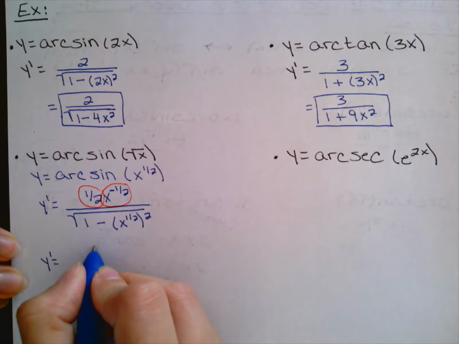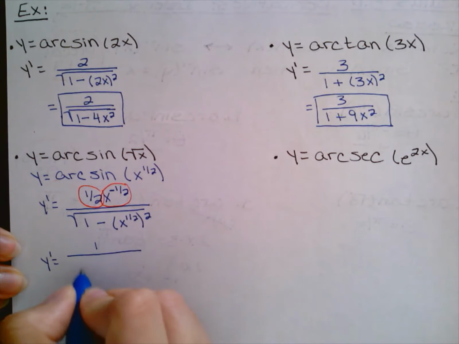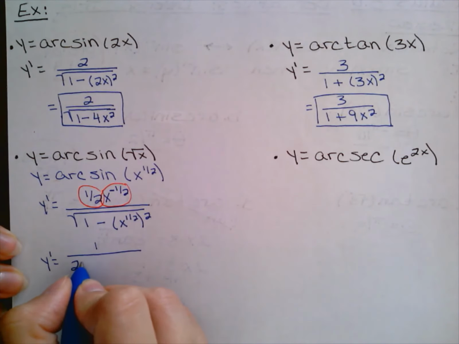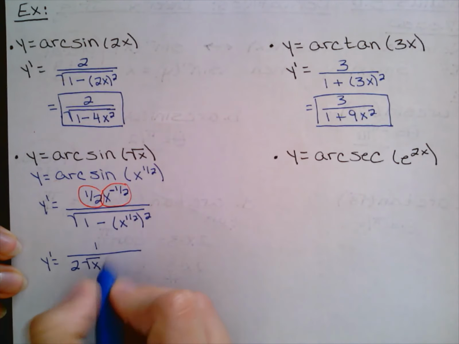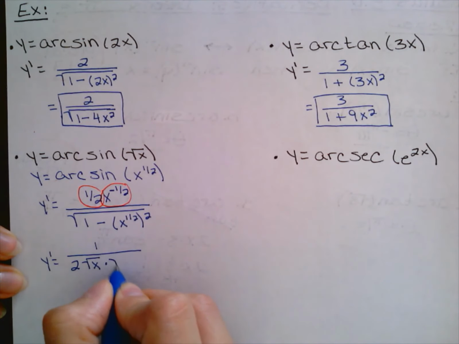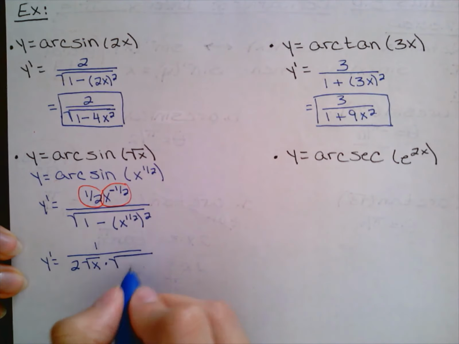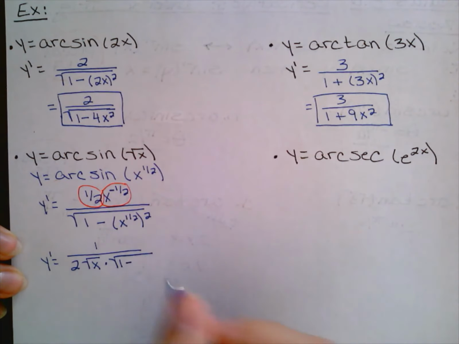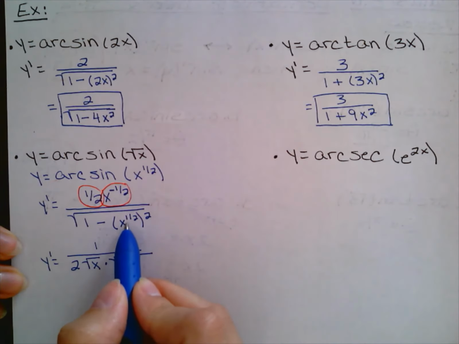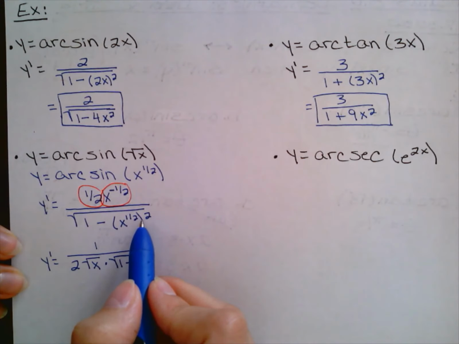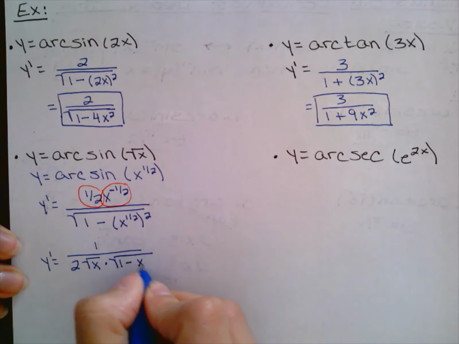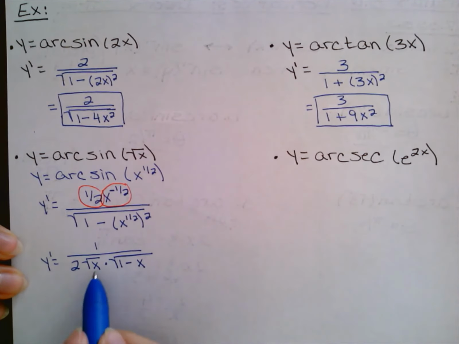So I'm going to have 1 over 2, and you can write x to the 1/2, or you can go back to saying square root of x. And now times square root of 1 minus exponent to an exponent you multiply. So 1/2 times 2 is just 1, so it's x to the first power. And now radicals can be multiplied together.